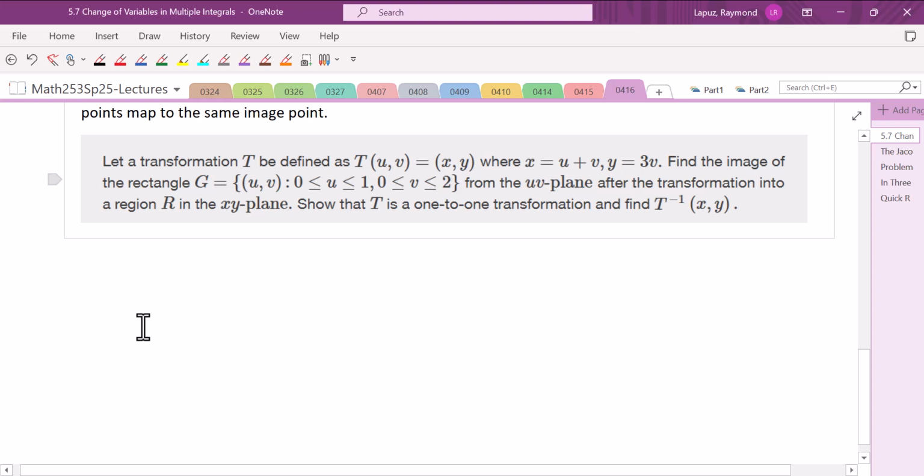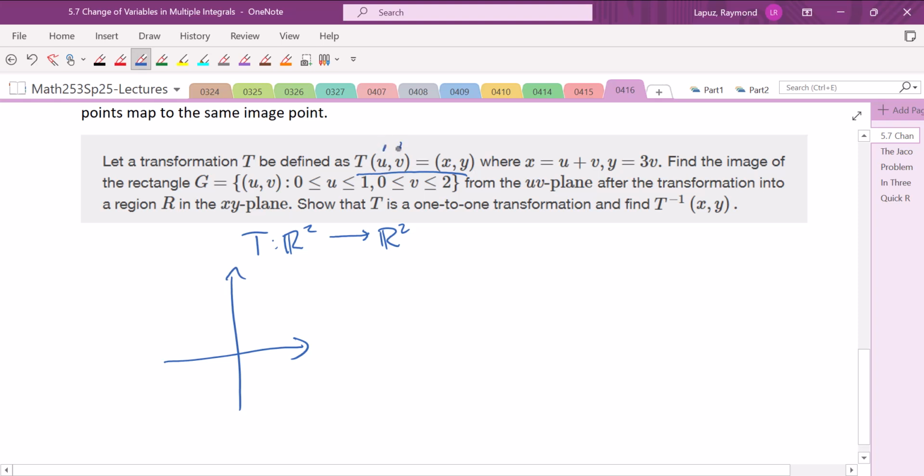In any case, here's an example of a transformation, and let's see if we can visualize and picture this. So let's say that our T goes from R2 to R2. That's our transformation. And in this R2, we have a U and a V, and that's our input.